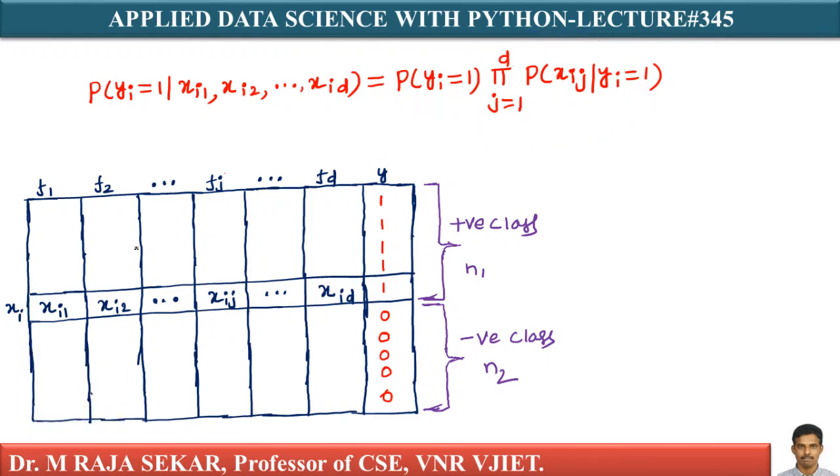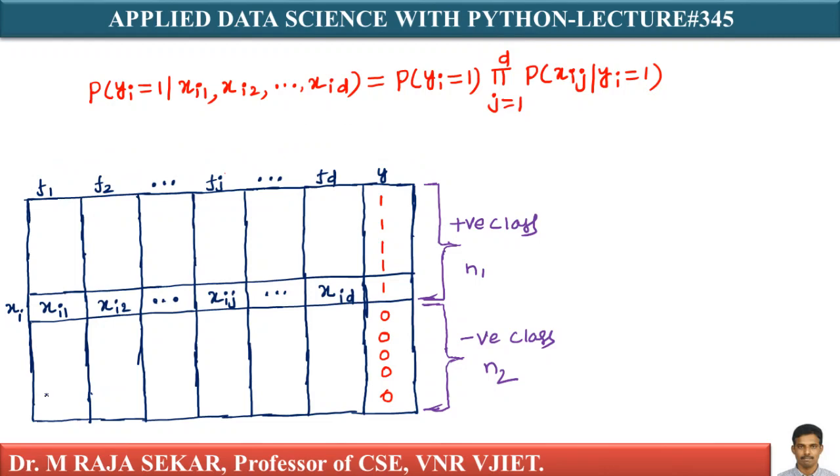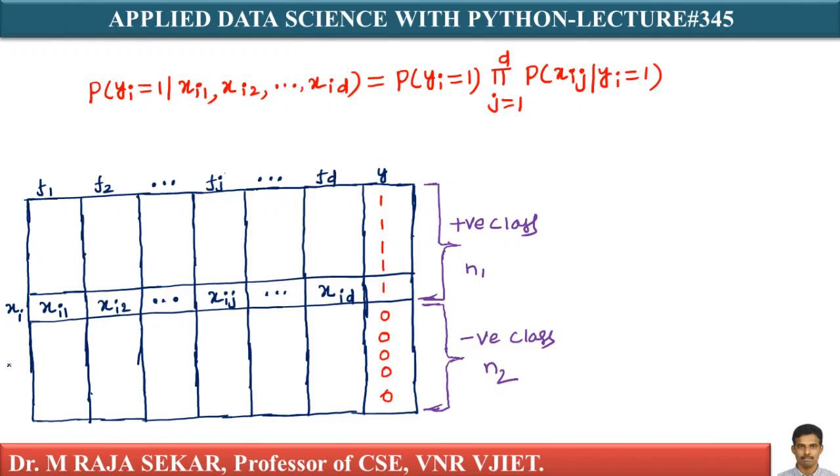Because I have d features, f1, f2, fj, and so on, fd, that's why j equal to 1 to d. I am calculating for each feature. I have to evaluate for the positive class as well as the negative class. I must calculate for the probability of yi equal to 0 also. We know how to calculate for the negative class also.